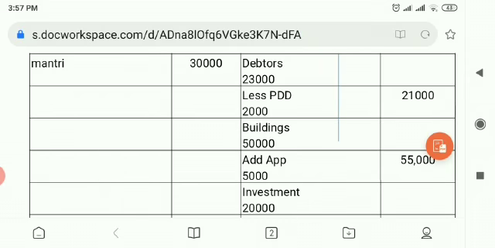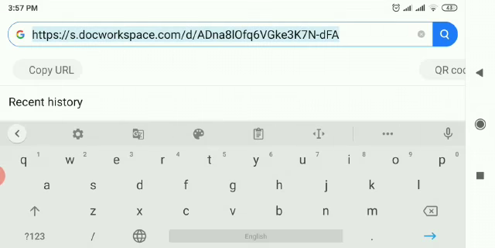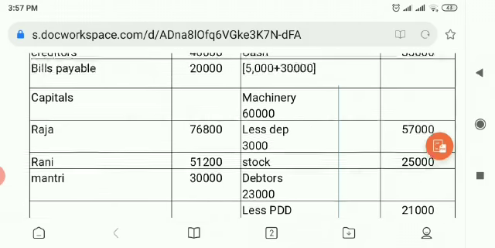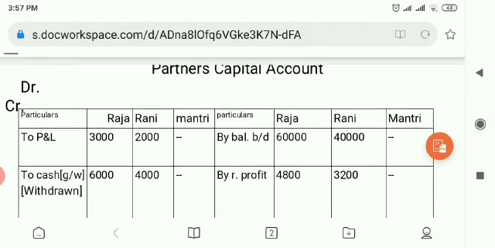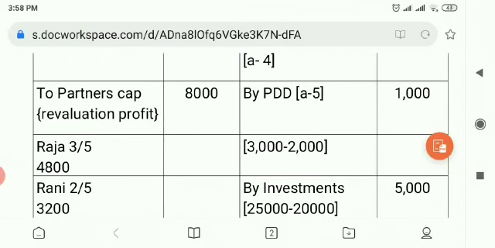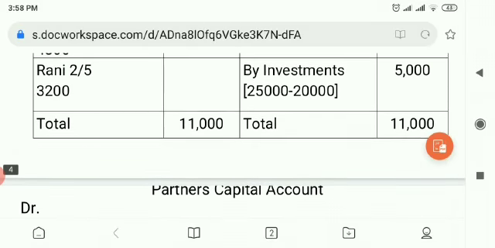And come to your revaluation account, credit side, it is the increase in the asset. So write by investments, that is 25,000 minus 20,000, you get 5,000. So that's all about the problem.